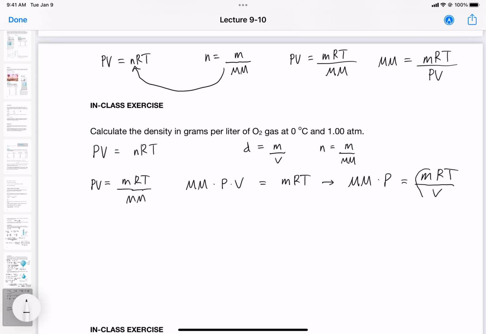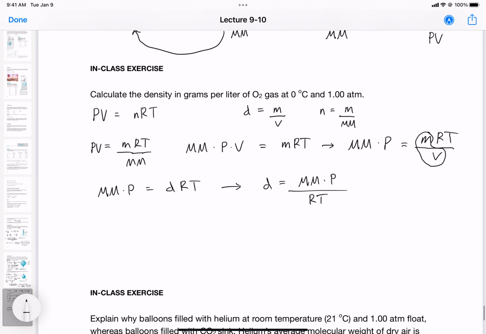So we can rearrange this equation to molar mass times P equals density times RT. And then solve for density, and we get molar mass times P over RT.